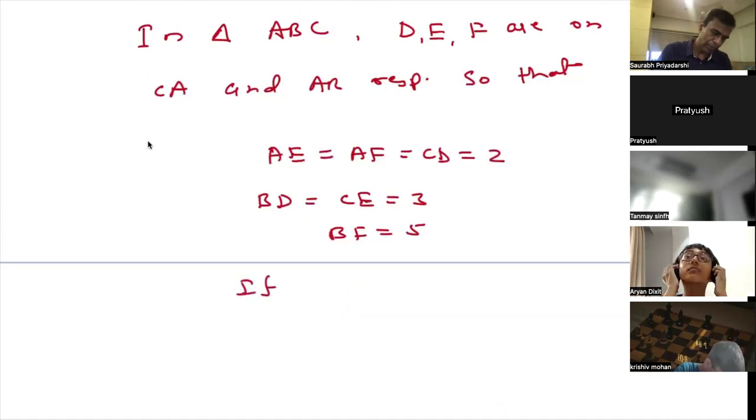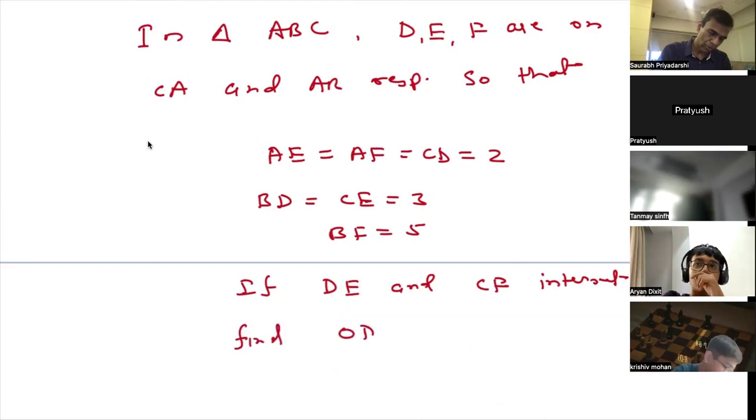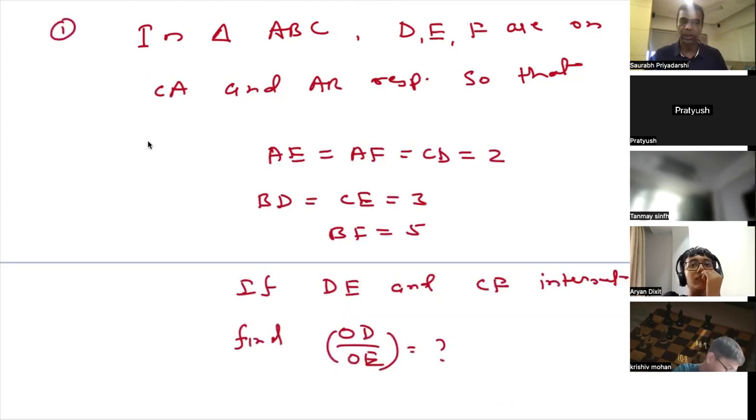If DE and CF intersect at O, find OD by the value. First question, note it down.